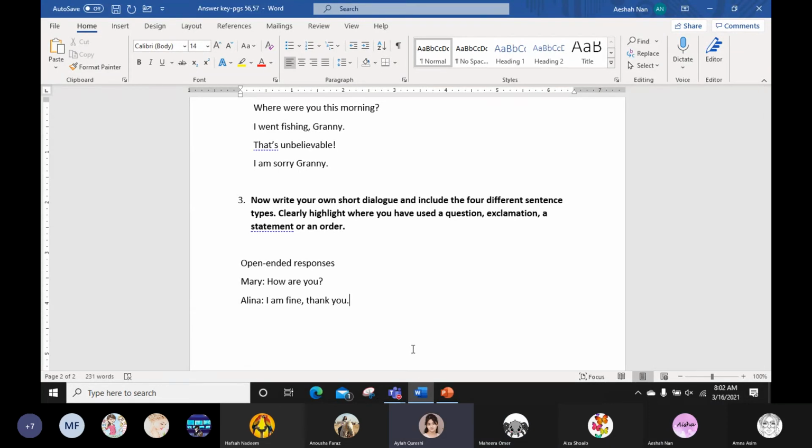Teacher, where do we have to write the sentence and where do we have to write the name? In the cloud only. The cloud is given. You have to write the name of the person who is speaking, colon, and then the sentence. And on the sentence type, you have to mention which type it is. Like the first one, I have written here a question.